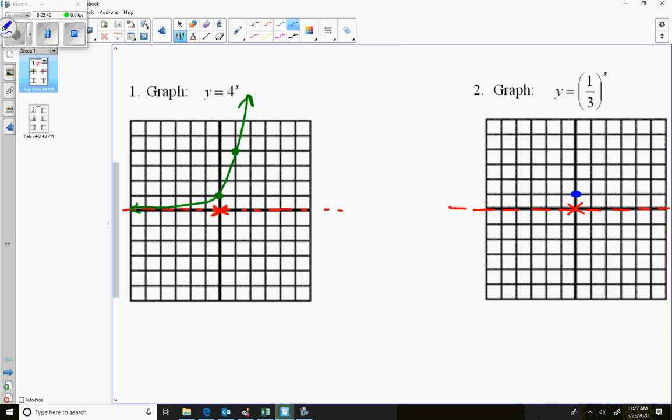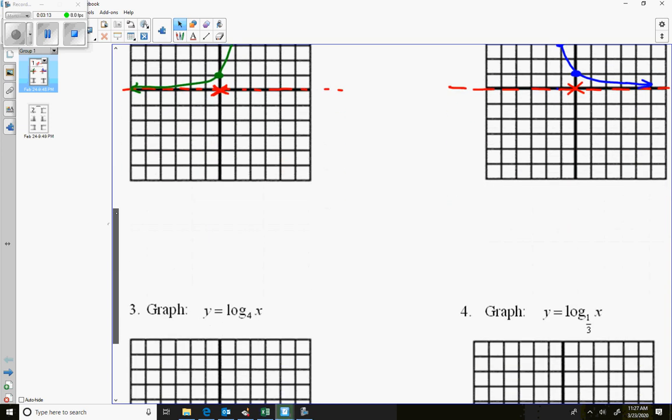So in other words, I need to go left 1, up 3. My next point would be left 2, up 9. Right. Now that's review. Those are your exponential graphs.